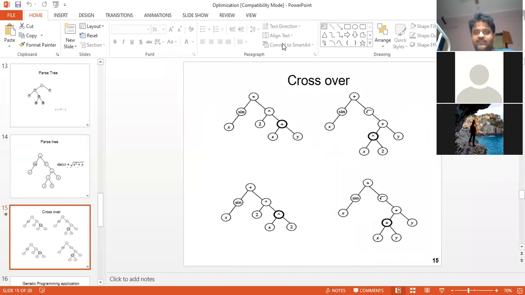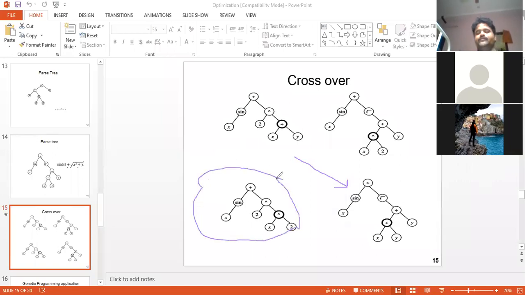Focus on this particular part. How can we generate this? Forget about this one temporarily.